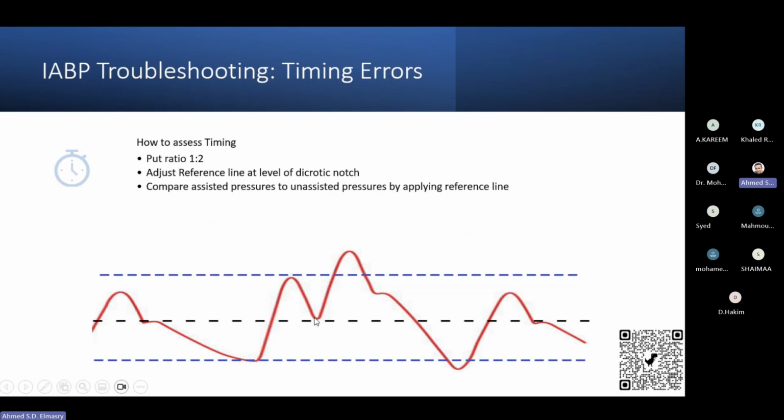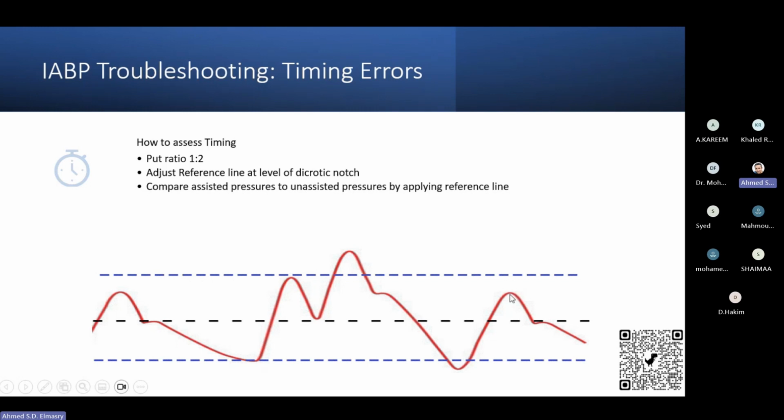And if the inflation point is at the same level as the dicrotic notch, that means the inflation timing is perfect. And also the second reference line, you have to put it at the level of the unassisted systolic pressure, and compare it to the level of the assisted systolic pressure.